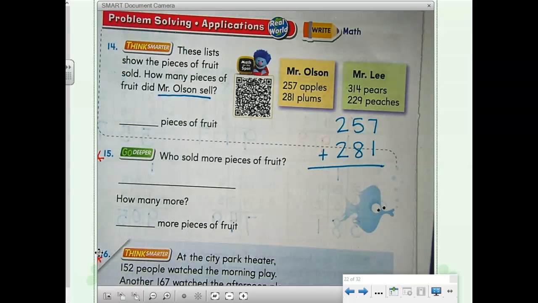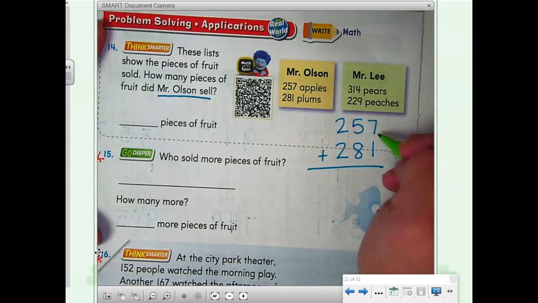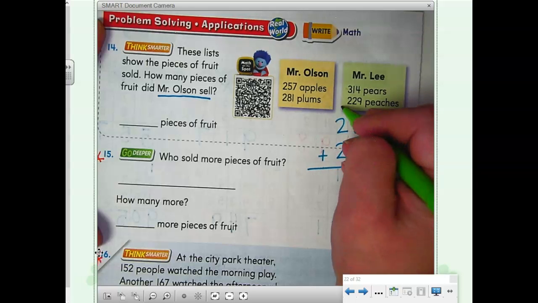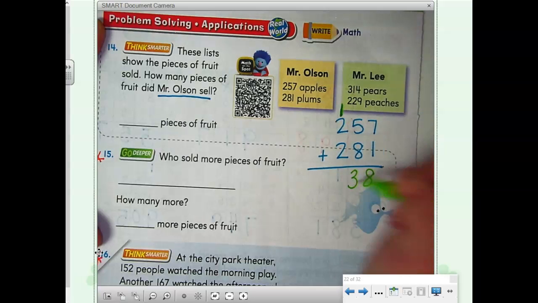So let's start at our ones. 7 plus 1 equals 8. 5 plus 8 is 13. That's 13 groups of 10. That's 100 and 3 groups of 10.